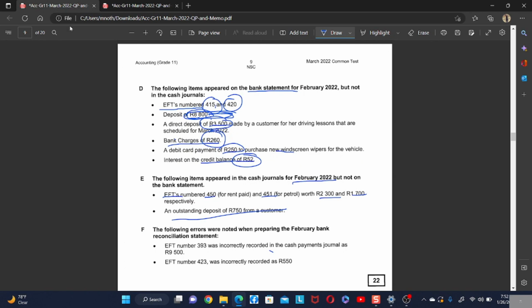And then the following errors were made. The following errors were noted when preparing the February bank reconciliation statement. EFT number 393, which is there in the bank reconciliation of the previous month, was incorrectly recorded in the CPG as 9,500.